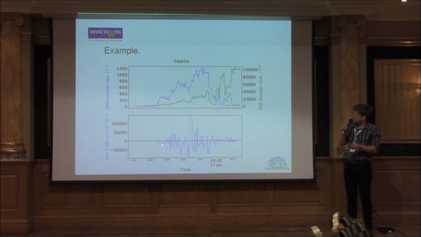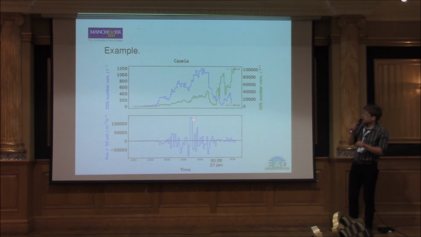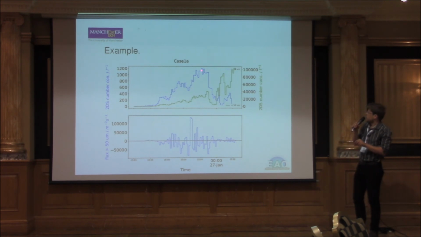We have a lot of downward and upward fluxes, but one prominent upward flux at around 9 p.m., connected to this large increase of number concentrations from 9 until 11 p.m. Similarly, we also see an upward flux in this increase, but it's only half the magnitude of this flux.